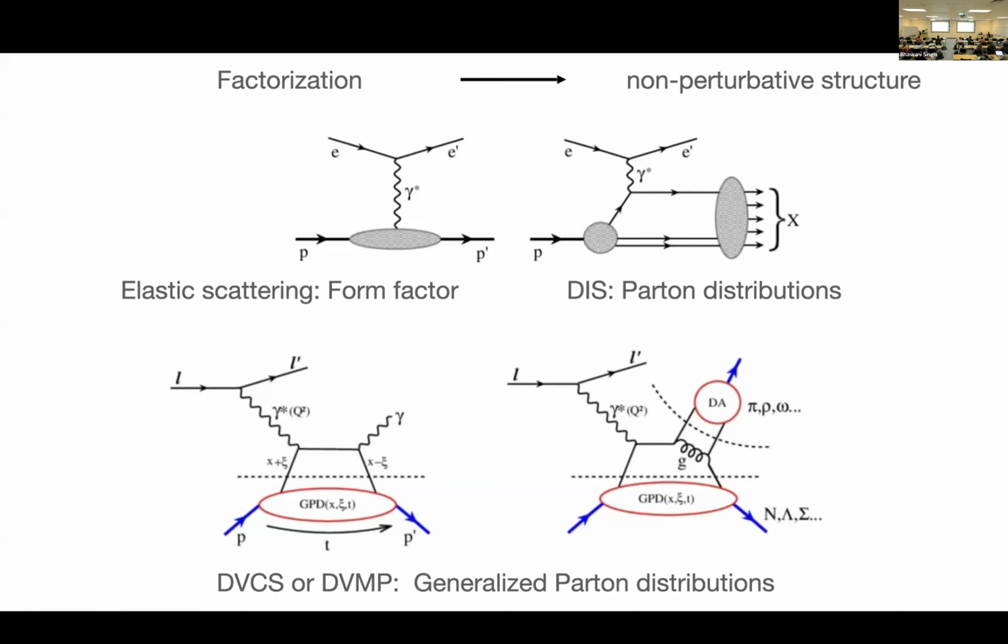And these objects you either want to compute non-perturbatively with lattice QCD, or you want to extract them from experiment. You perform those experiments, you know analytically what's happening in this part of the diagram, you compare your result with your theory, and you can obtain the generalized parton distribution function or the parton distribution function or the form factor from experiment.